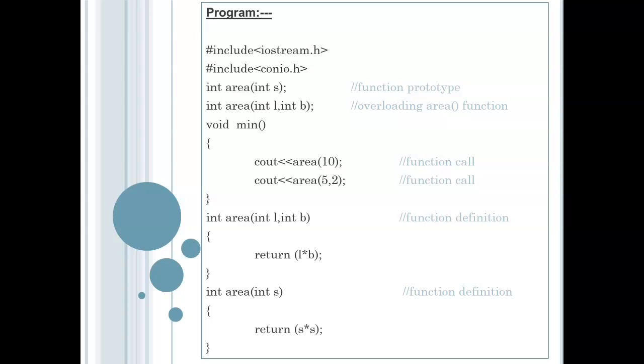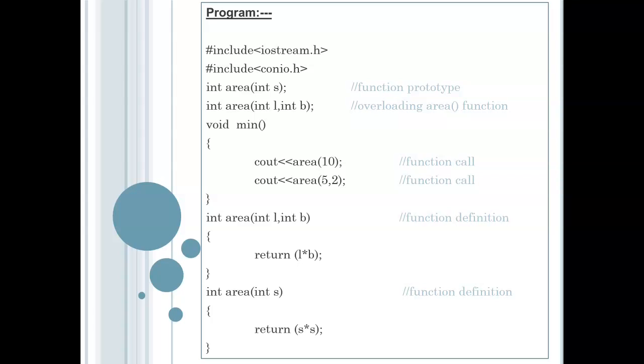See the code inside the main function. In cout, I am calling the area function with one parameter. That means I am calling the area of square function. So, when the function call is made, the compiler will search for the function whose name is area.